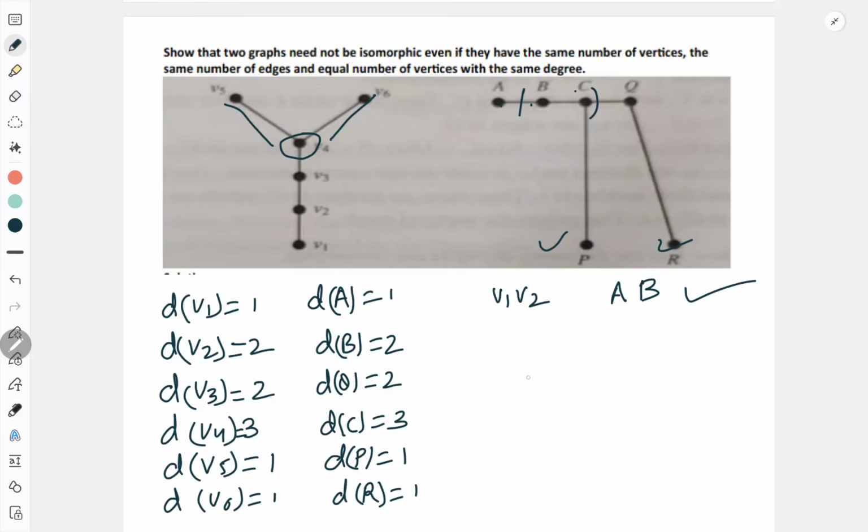But if I start writing all, I will get an edge which is not working. But in this question it is not required, because easily I can see two pendants originate from only one vertex V4. Here two pendants are coming from two different vertices. So that is how adjacency is not preserved, and these two graphs are not isomorphic.